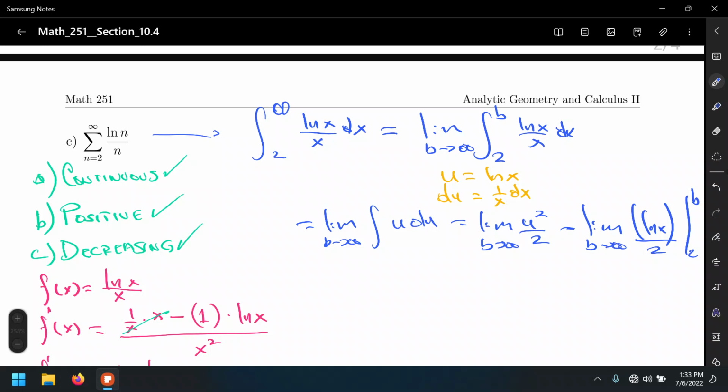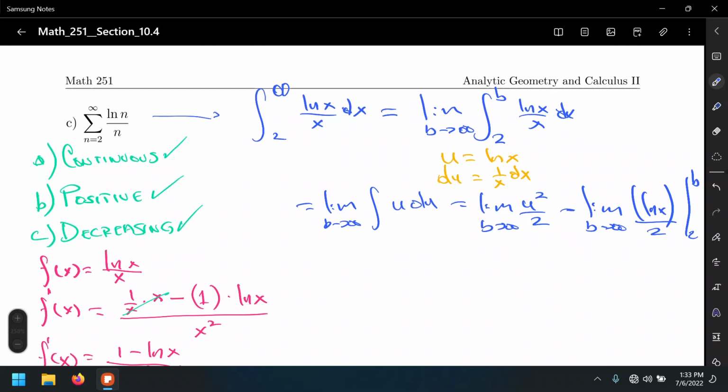And well, what's going to happen? Well, number one, let's use the fundamental theorem of calculus. Upper limit minus lower limit. I'm going to take out the 1/2 to make this a lot more simple. So ln of b, oh, I forgot the square here, quantity squared, minus ln of 2, quantity squared.